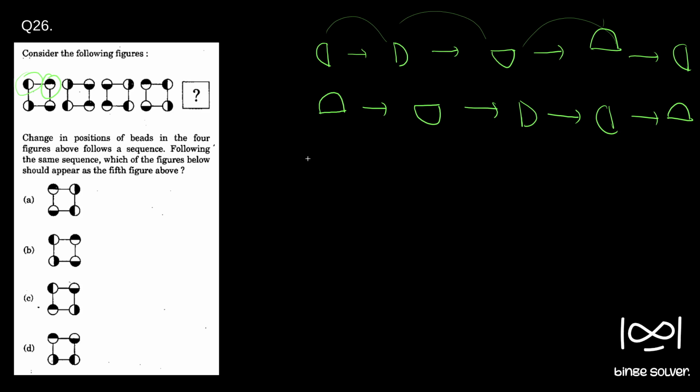You can just observe how the patterns are changing and then make a conclusion. In every two, the third one will be the opposite of the first one, and the fourth one will be the opposite of the second one. So this opposite will be this, the black.